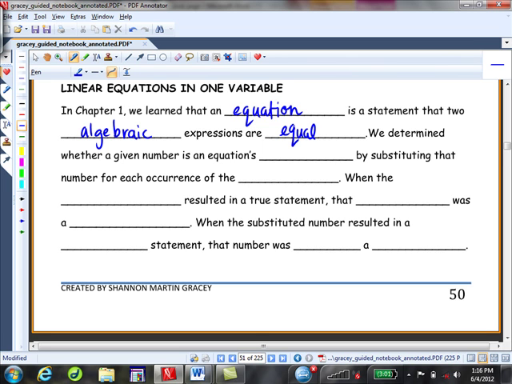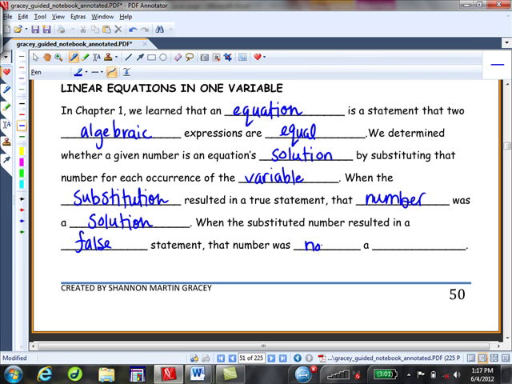We determine whether a given number is an equation's solution by substituting that number for each occurrence of the variable. When the substitution resulted in a true statement, that number was a solution. When the substituted number resulted in a false statement, that number was not a solution.